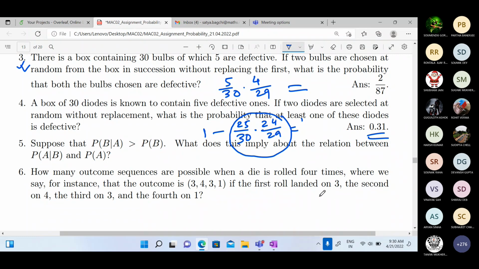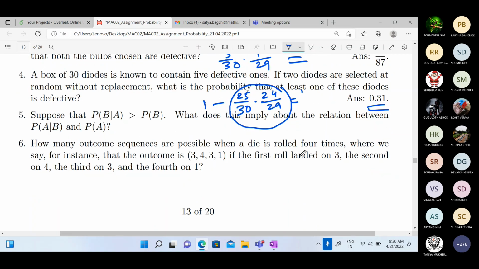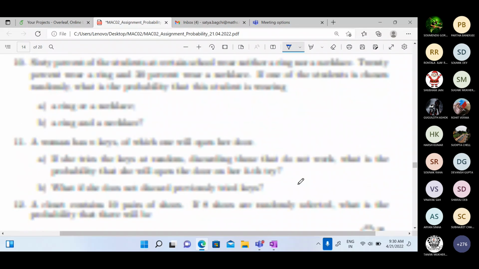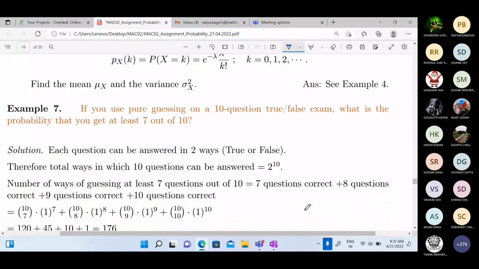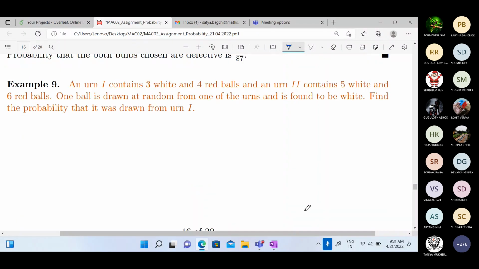Okay, let me shift to using Bayes theorem. Let me give one problem. Read number 9 and try to solve this one.